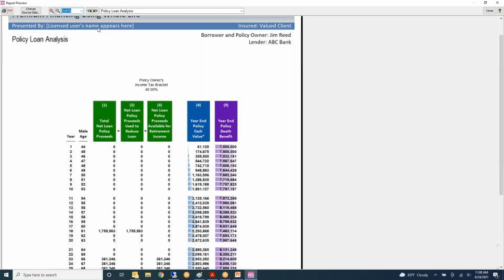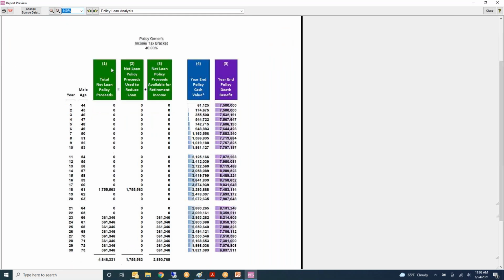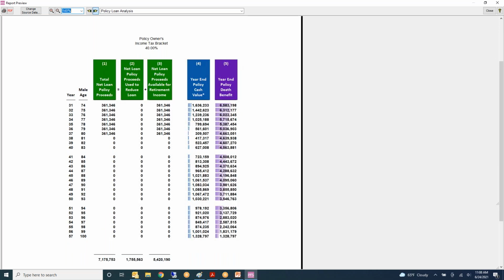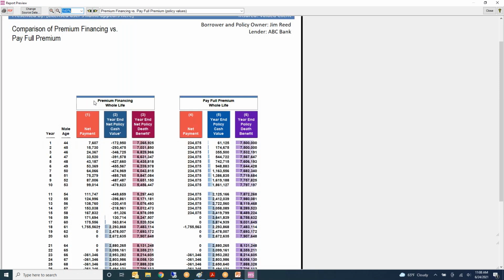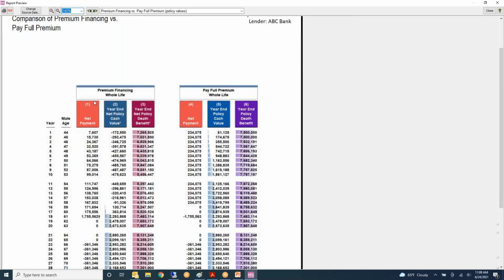Policy loan analysis. So you see here, year 18. First distribution occurs, 1.77 to reduce the loan. Then this is retirement income. This is his spending money. Okay, and this one is comparison of premium financing versus pay.